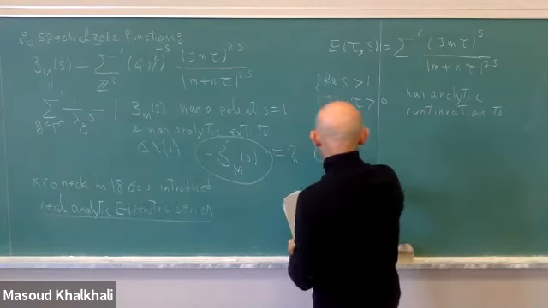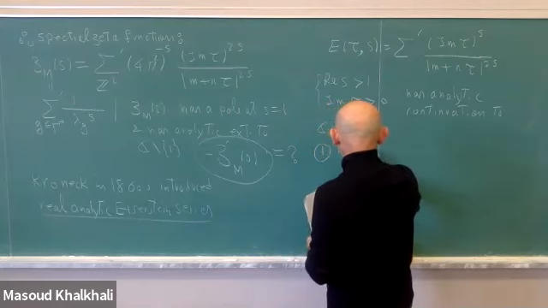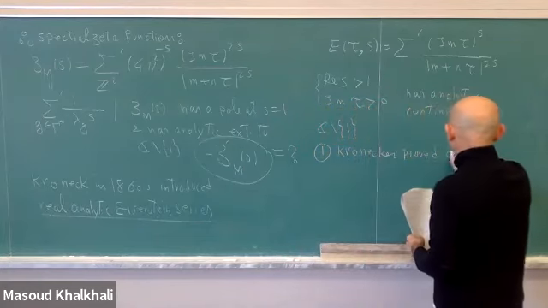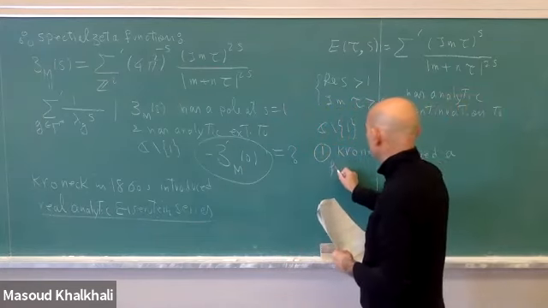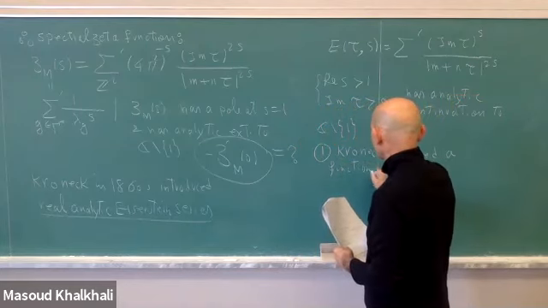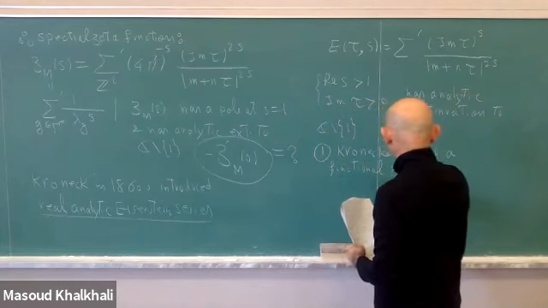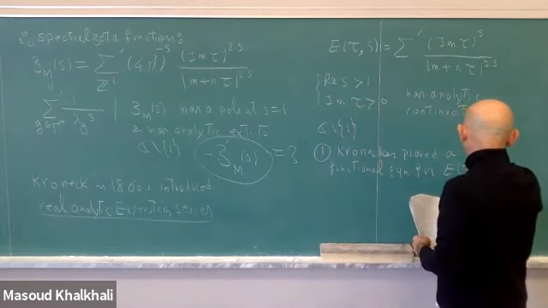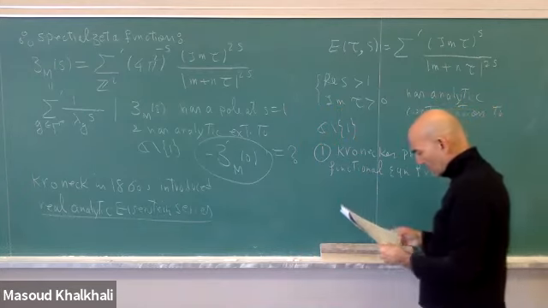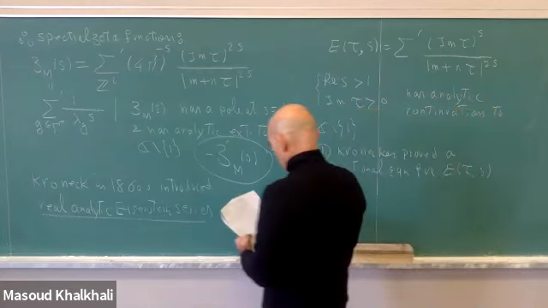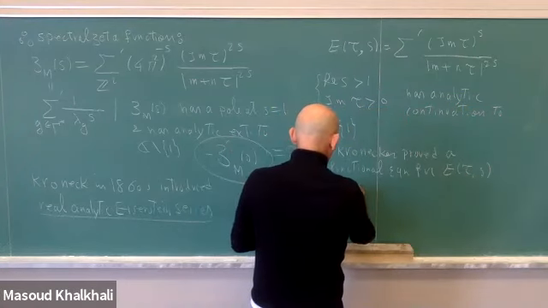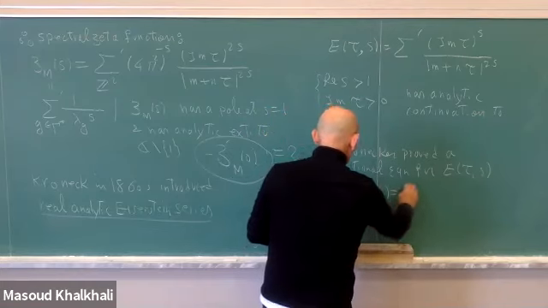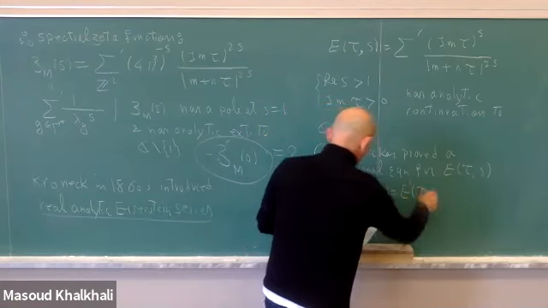First of all, a functional equation for his E of tau and s. I believe the functional equation is just that the values on the two sides are the same. So E of tau and s is equal to E of tau and 1 minus s.